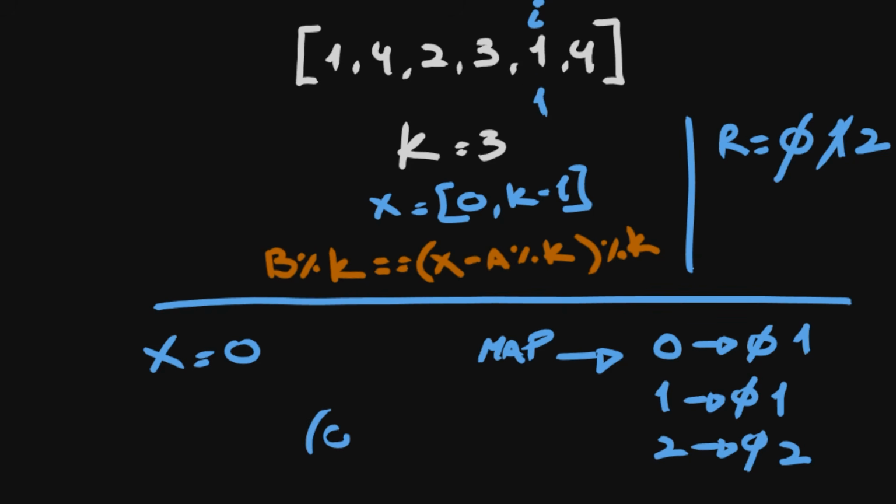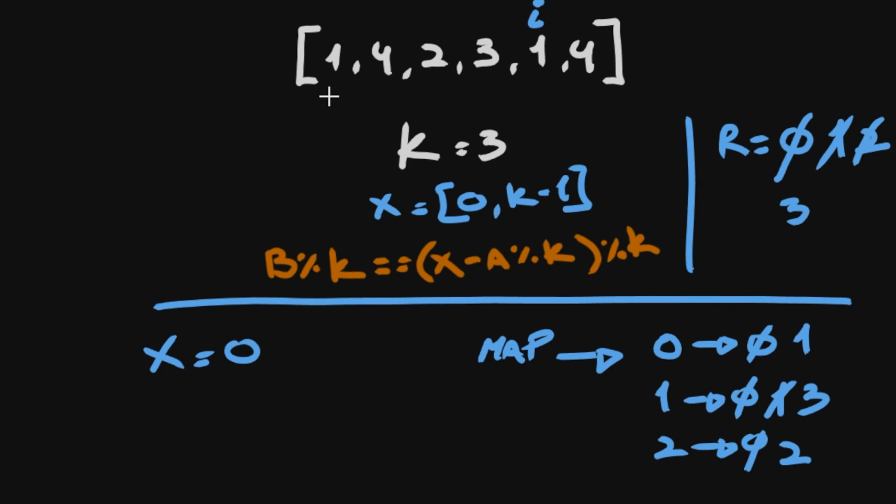So we do 0 minus 1 modulo 3. And this is minus 1 modulo 3, meaning 2. So we take 2 plus 1 and we put this at map at 1. So this is now 3. So now the largest subsequence has a length of 3, so we replace this with 3.